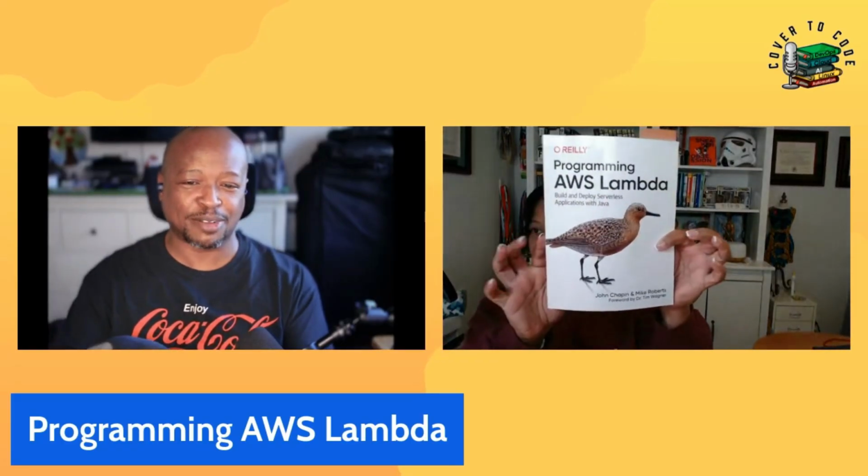I'm ready to talk about chapter 4. It looks like we're getting down and dirty with AWS Lambda, right? Indeed, I agree. And if you're new to the pod or if you're joining us again, welcome. We're talking about Programming AWS Lambda. That's the book. It's really a Java book disguised as an AWS Lambda book, but that's okay. We're going to let them slide on that.